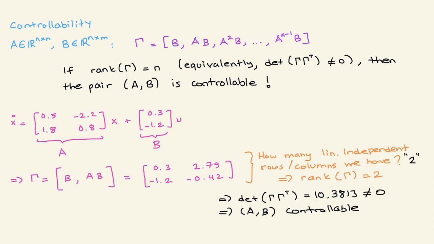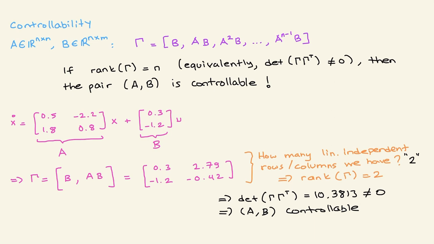But to understand this, you need to do controllable decomposition. So you really need to understand the eigenvalues that you cannot change, basically, they need to be on the left half plane. But again, if you want me to do a video about controllable decomposition, please let me know.